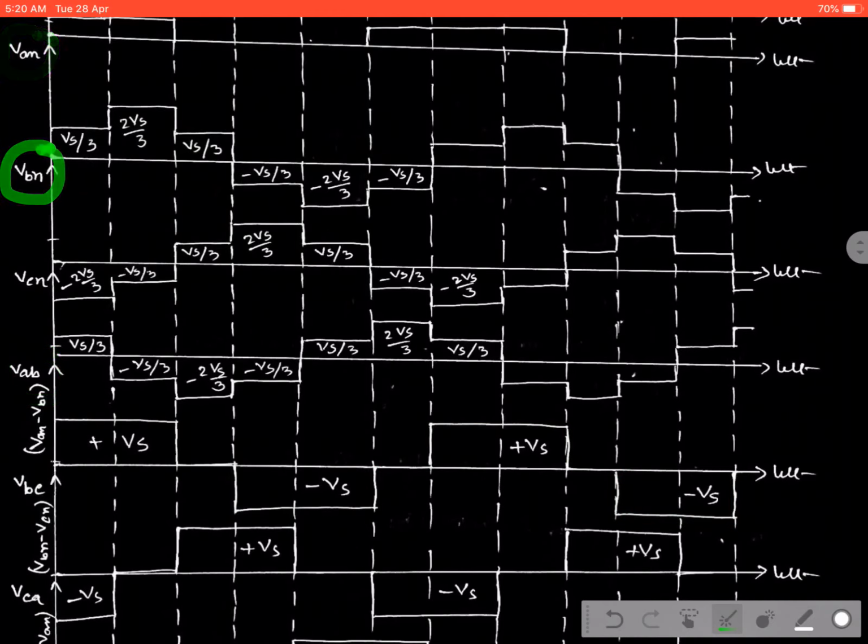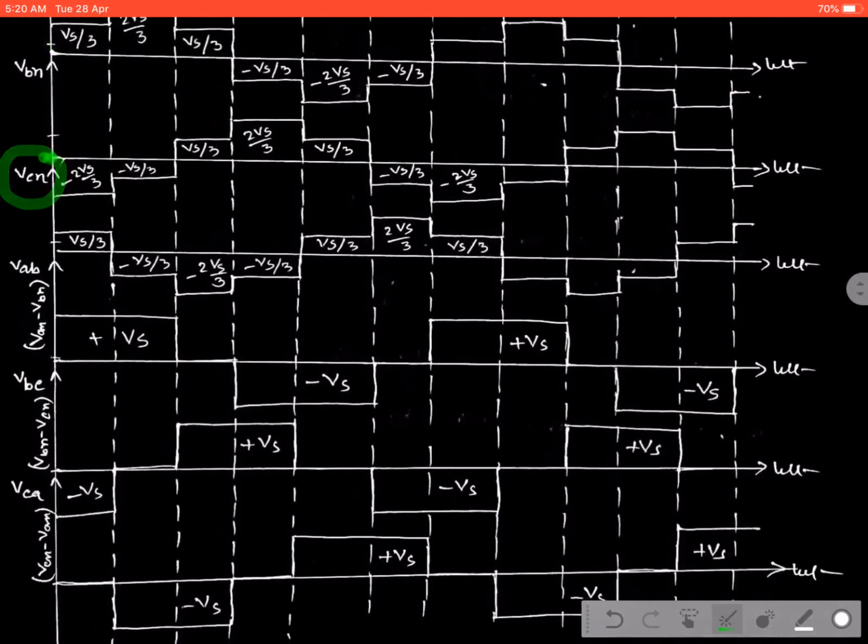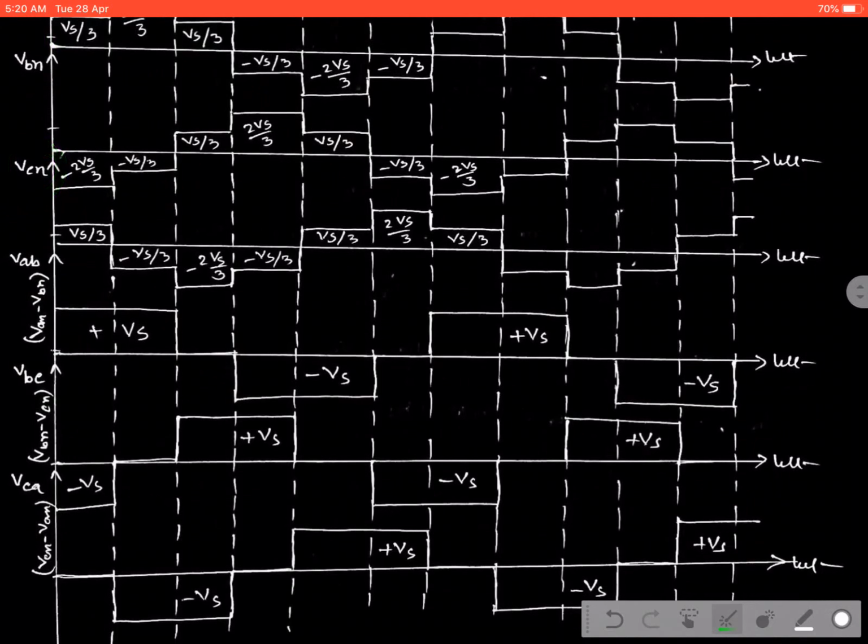A similar thing we can do for the next one, that is VBC, that means VBN minus VCN. Now see the waveform very carefully. VBN equals minus 2 Vs by 3 and VCN equals minus Vs by 3.